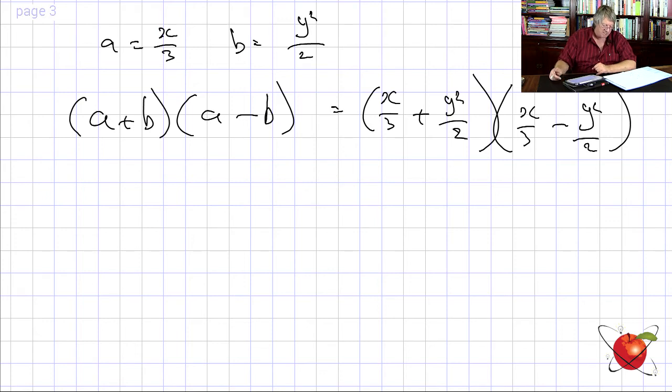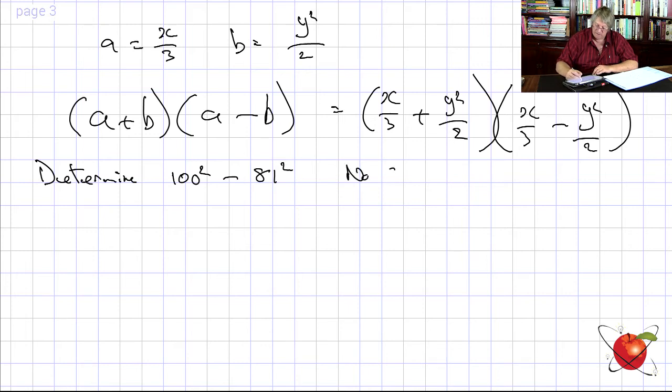Without a calculator, what is 100 squared minus 81 squared? These are the kind of problems that they love to give. They're the problems that are 3-4 marks, but they're actually quite simple because once you've seen it, you never forget that's the difference of two squares.